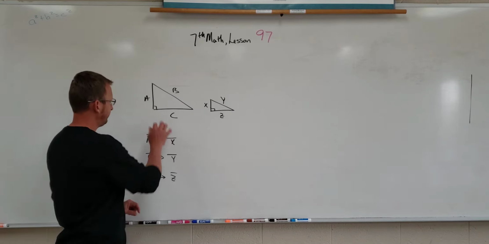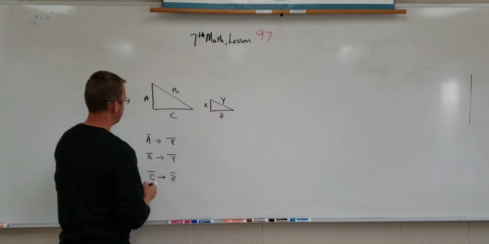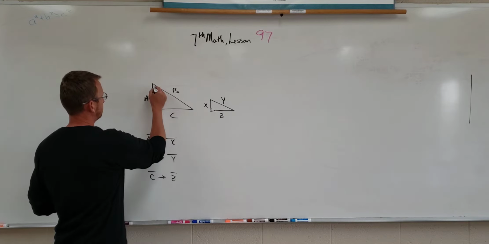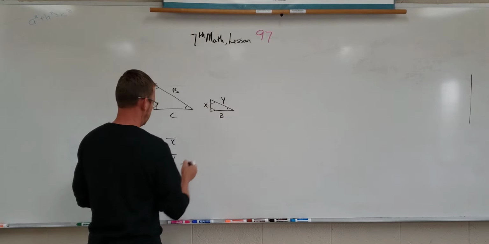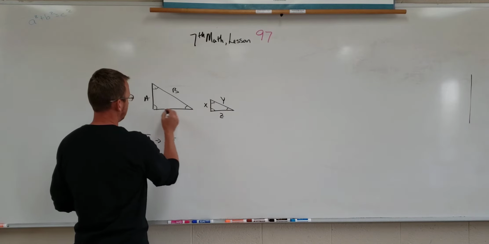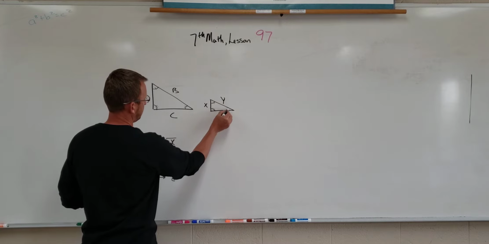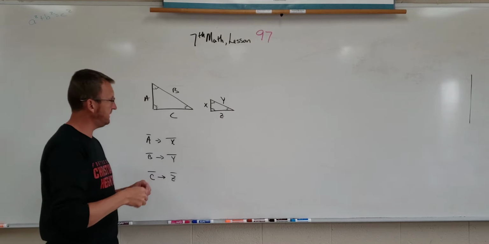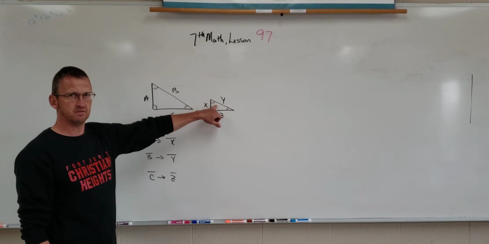Now the other thing that I talked with you about is these angles. And stating that if you see tick marks between two triangles, it means that these angles have the same measure.